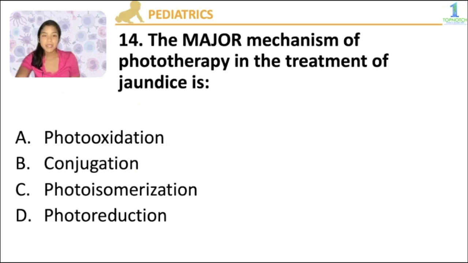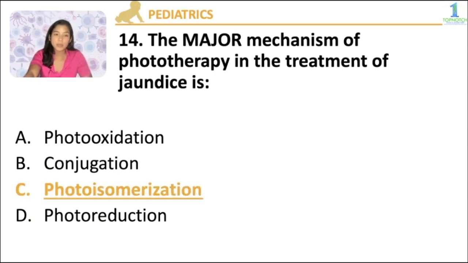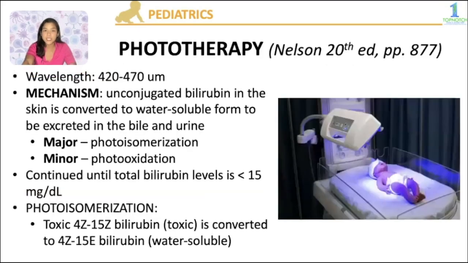Next, the major mechanism of phototherapy in the treatment of jaundice is photooxidation, conjugation, photoisomerization, or photoreduction. So the best answer here is letter C, photoisomerization. Letter A is also one of the mechanisms in the treatment of jaundice, but the major mechanism is letter C. According to your Nelson's, in phototherapy for babies with neonatal jaundice, you get a buildup of unconjugated bilirubin, usually because the enzymes responsible for conjugation are still immature.